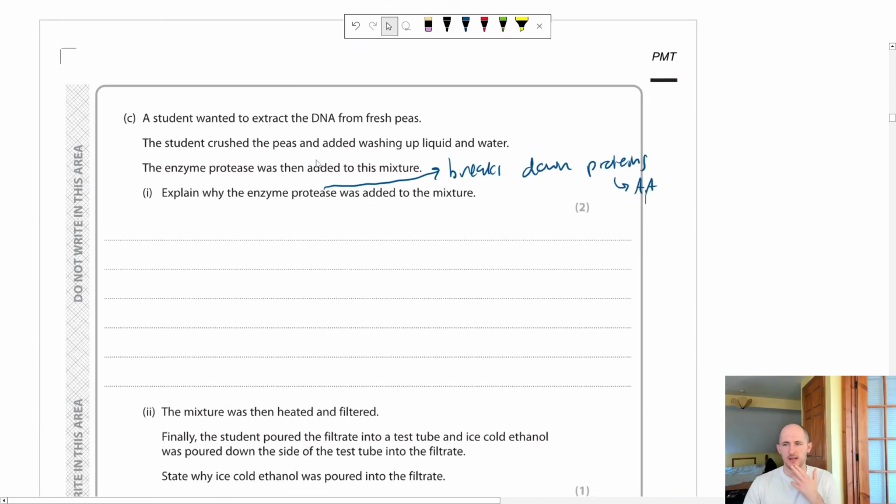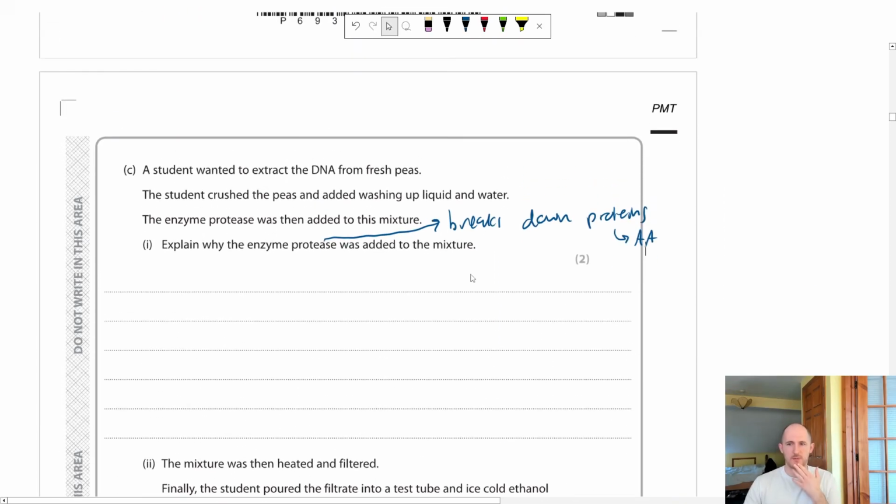That's one thing. But what else is made up of proteins? Well, enzymes. So I'm thinking, if I'm trying to expose this DNA, I really don't want it to be damaged by anything. The problem is, when we crush up these peas and add them to washing up liquid and water, there are enzymes inside the peas that might break down the DNA itself, which is bad.